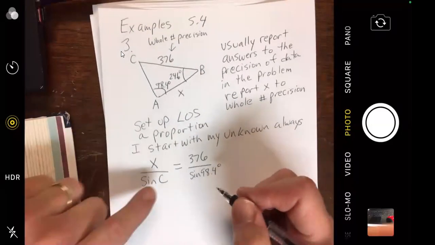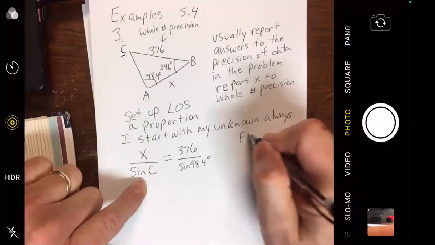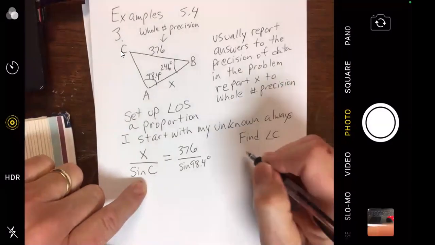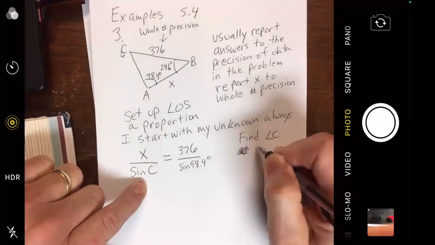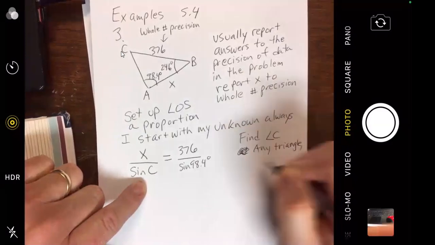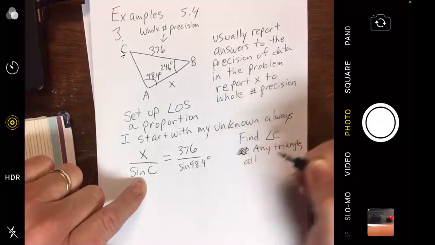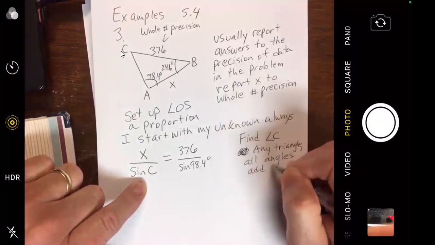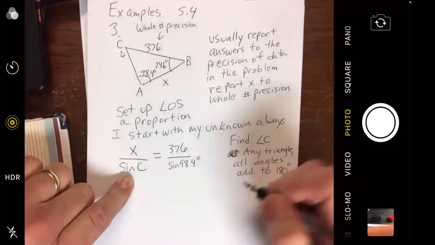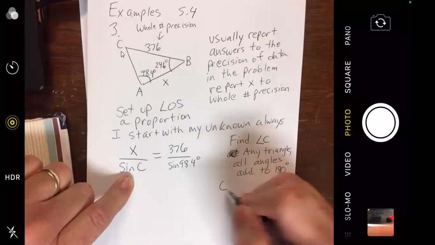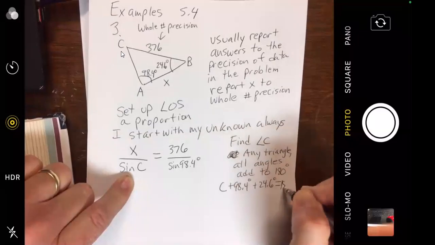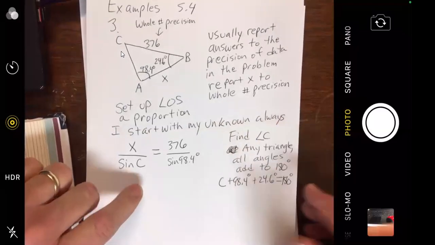All right, well, how do I find angle C? I hope you remember from basic geometry, for any triangle, all angles add to 180 degrees. So angle C plus 98.4 degrees plus 24.6 degrees has to add to 180 degrees. It's proved in high school geometry.